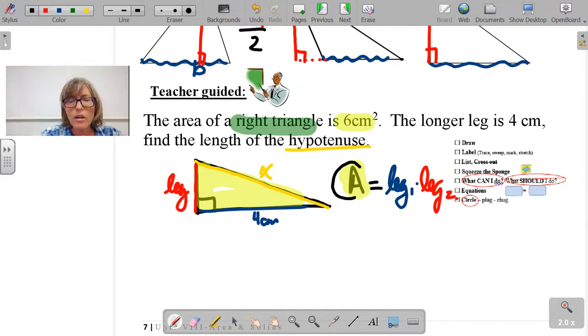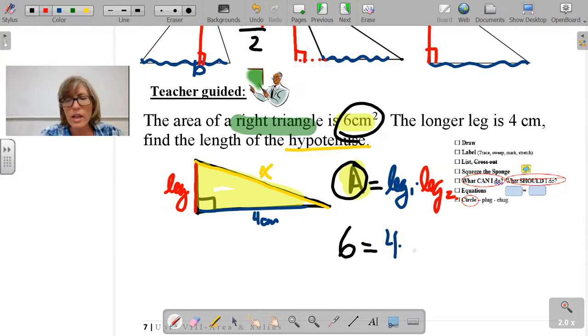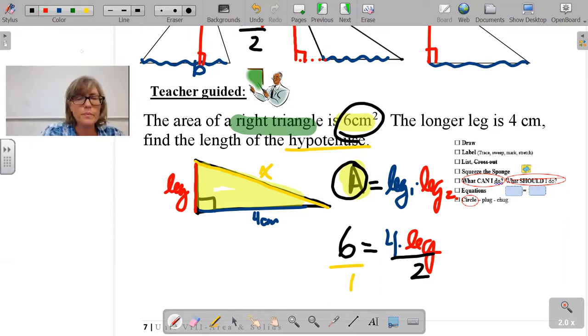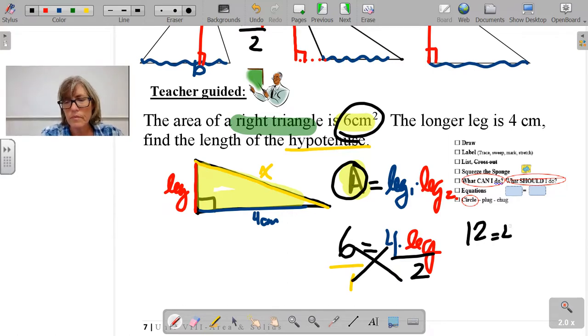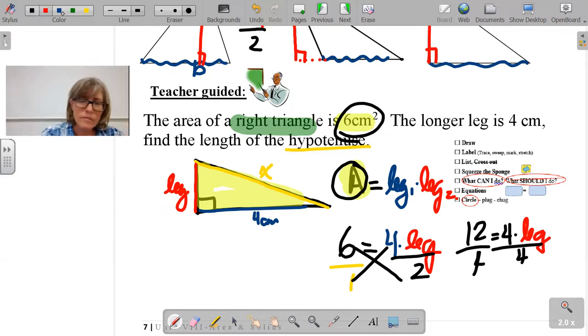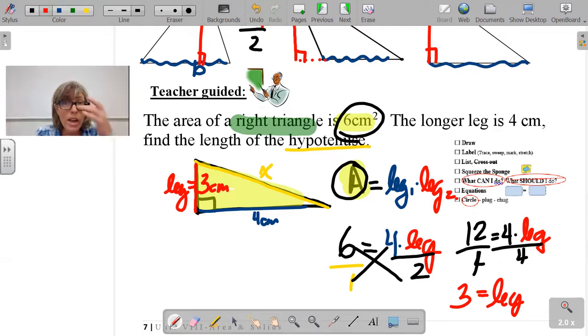Circle, plug, chug. Our area is 6 centimeters squared. Our one leg is 4. Our other leg is unknown, over 2. Solve. Now, the question did not ask what the other leg is.